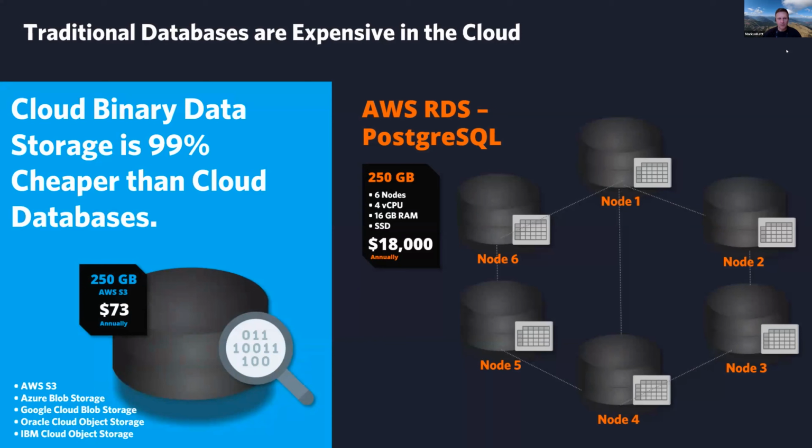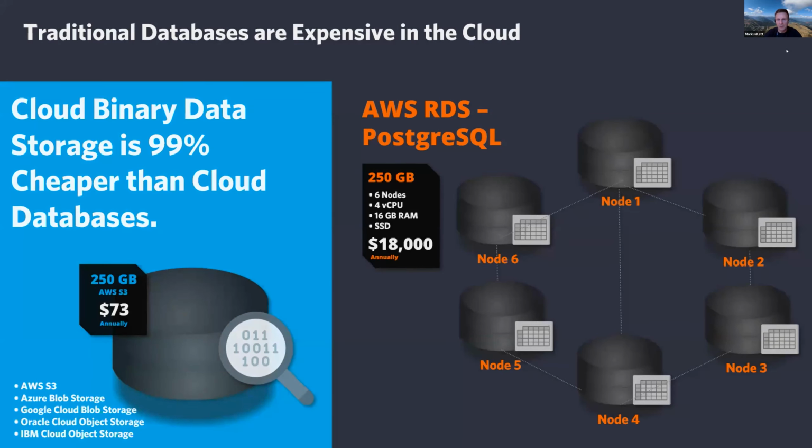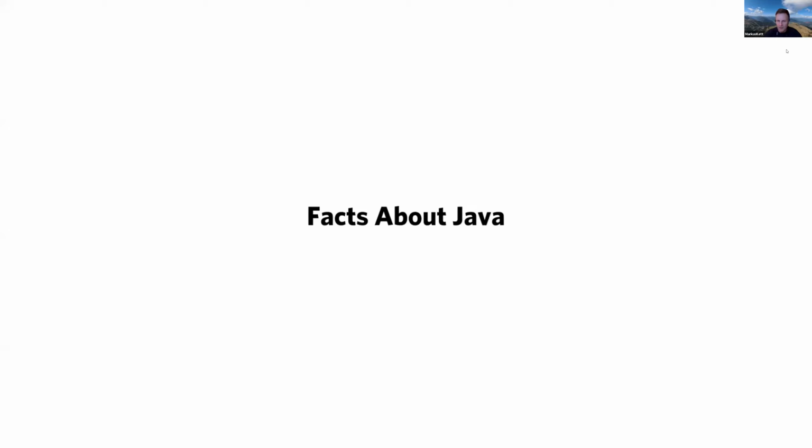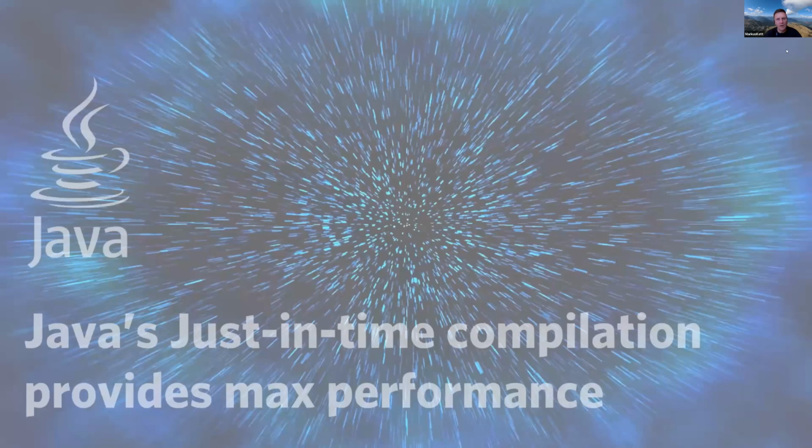That's great. So now imagine there is a solution where we can combine the performance of the JVM, the power of Java, with cheap cloud data storage. And this is what we're doing with EclipseStore. Why should we actually search data and process data with Java? It's because Java is really fast.